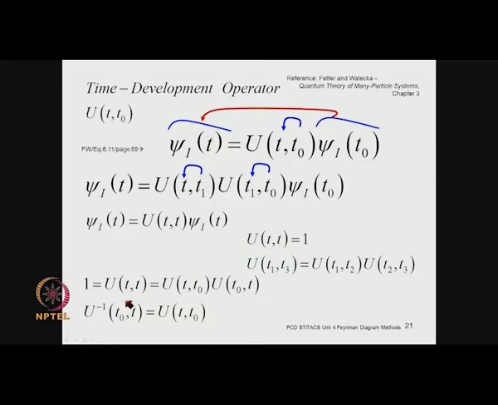We have already seen that if you look at the time evolution from t to t0 and then from t0 to t, then you find that the inverse of the t0 to t evolution is the same as the evolution from t to t0.